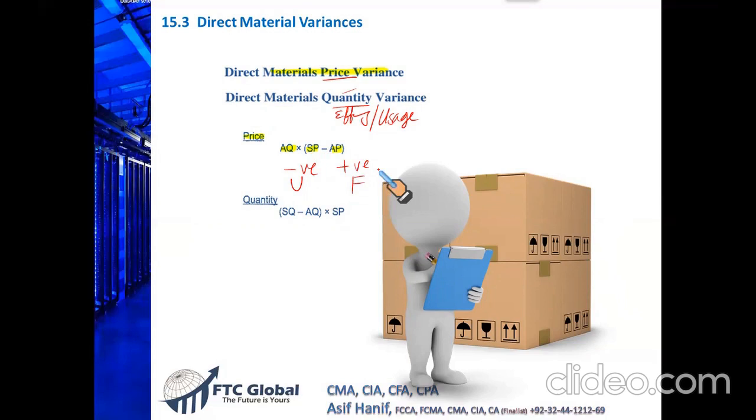Please remember, I have arranged my formulas on the sheets I will share with you in such a way that whenever you use my formula, if the result is positive, that means a favorable variance. Whenever the result of my formula comes negative, it is an adverse or unfavorable variance, right?